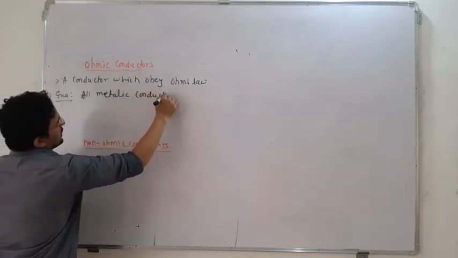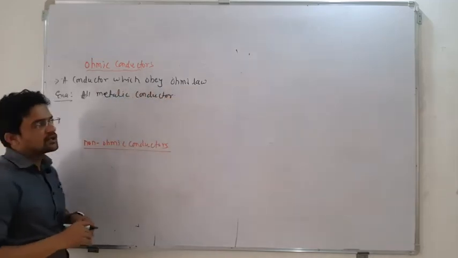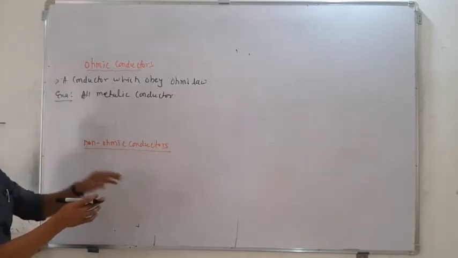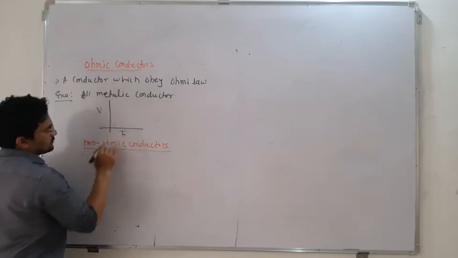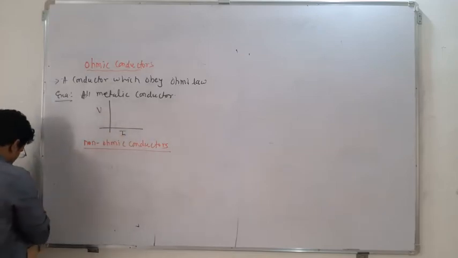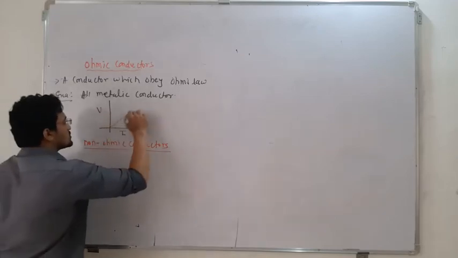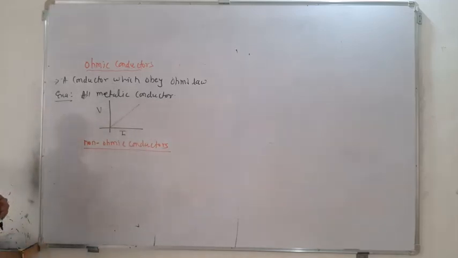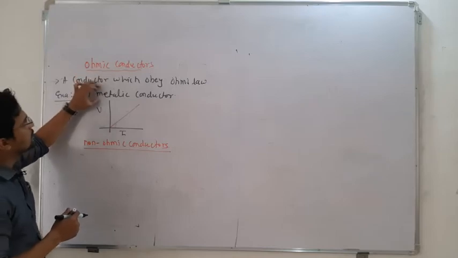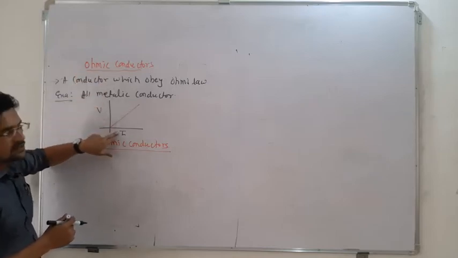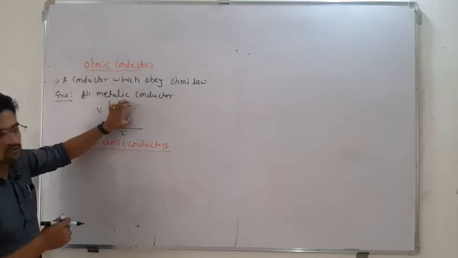Maybe aluminum wire, copper wire, nichrome wire, all are ohmic devices. And for this, if you plot the graph of V and I, you will always get a straight line passing through the origin. So remember the ohmic conductor definition and then example, and if you plot V and I, you will always get a straight line passing through the origin.